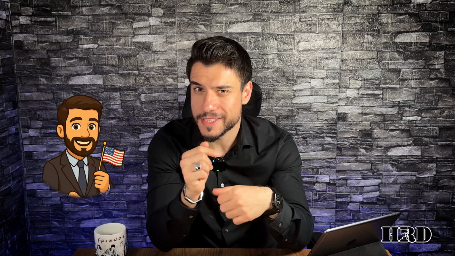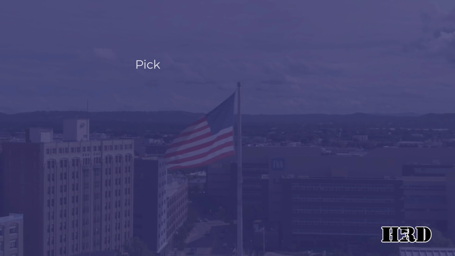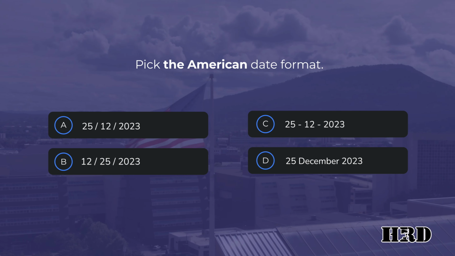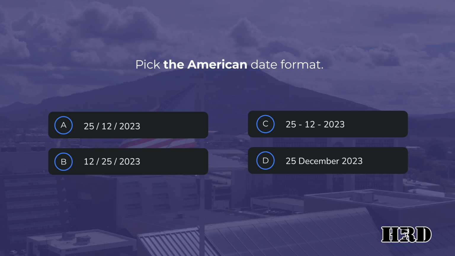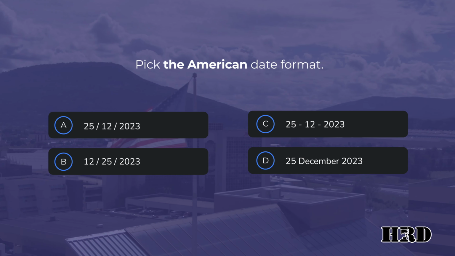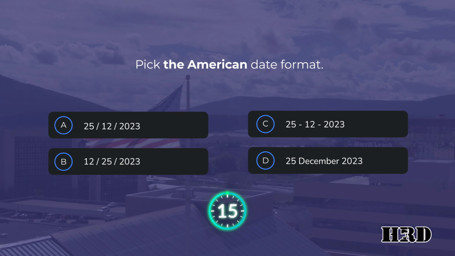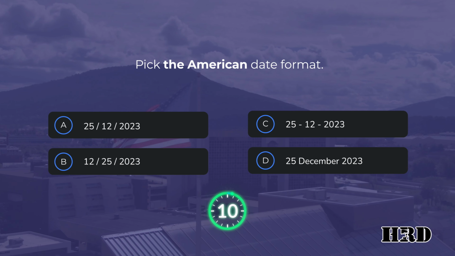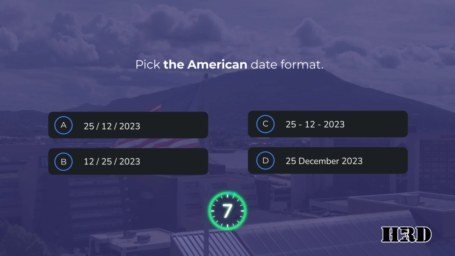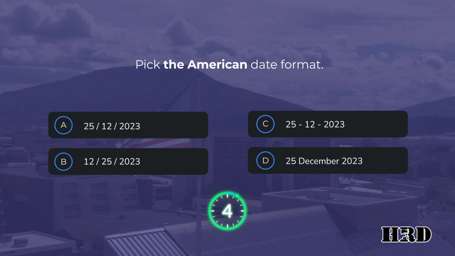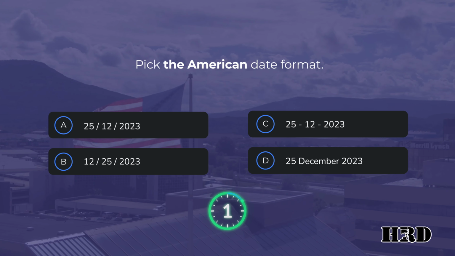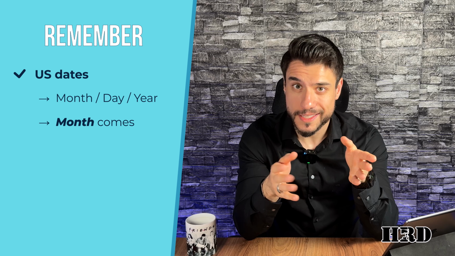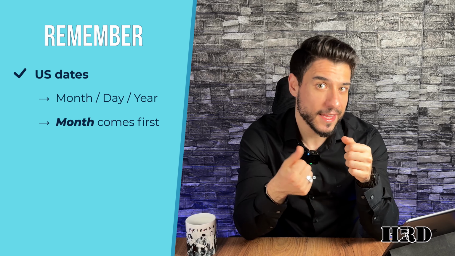Which date is written the American way? Pick the American date format. A. B. C. D. Remember, in the US, they write the month first, then comes the day.